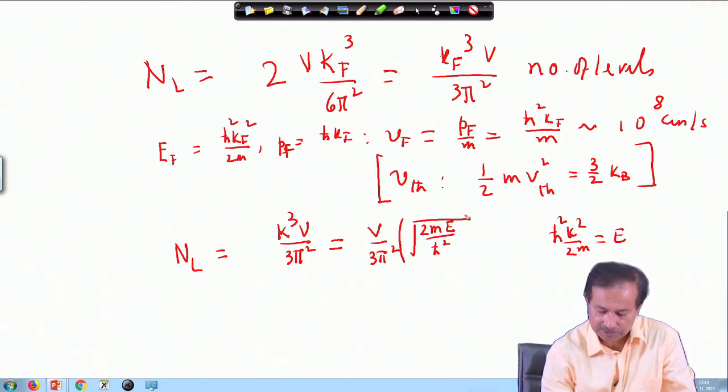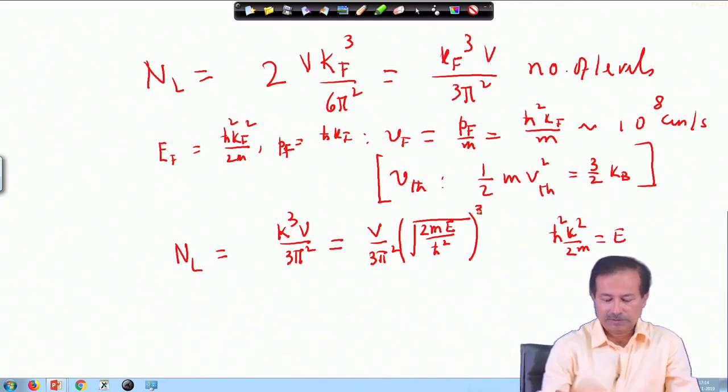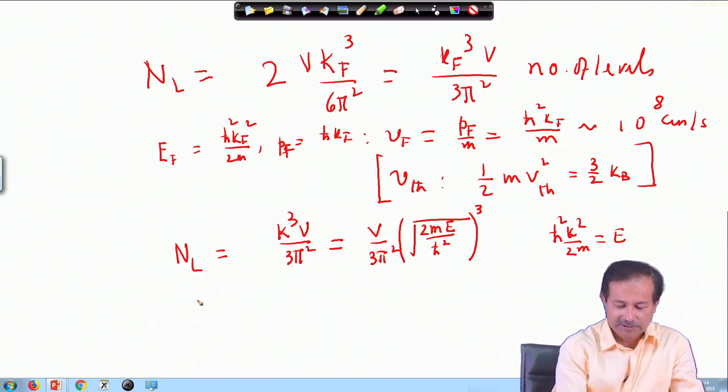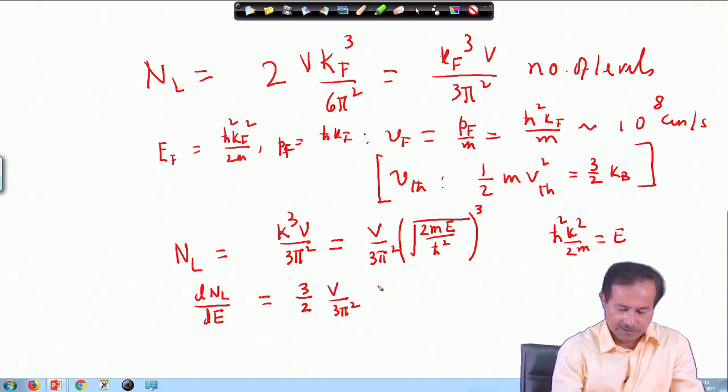So, I have to take a cube of that. Okay. So, now what I can calculate easily is this number dn by dE, and this will give me a number which is 3 by 2, V by 3 pi square into 2 m by h cross square to the power 3 by 2 into E to the power half. Okay.